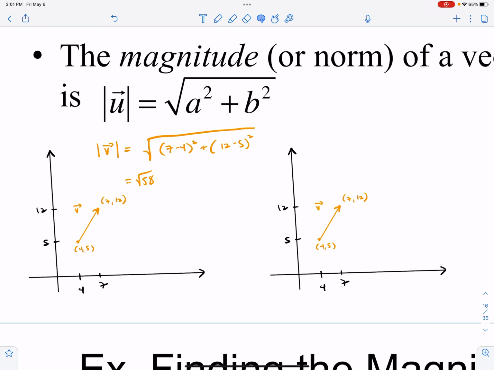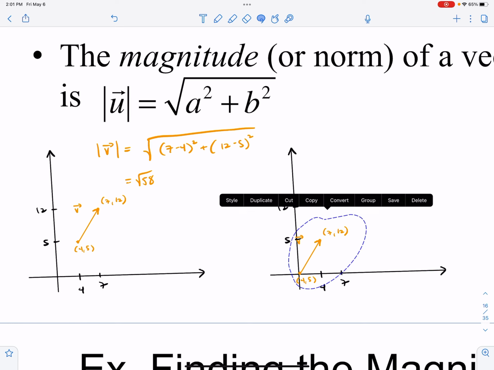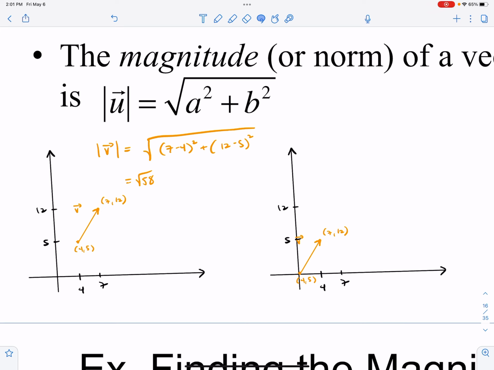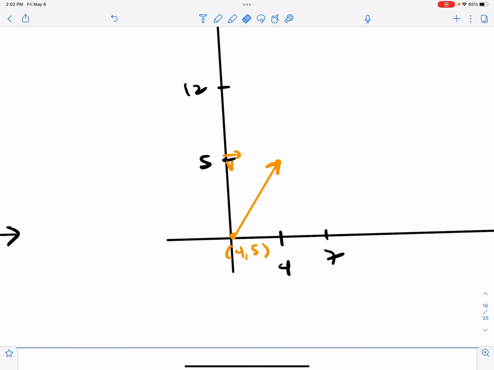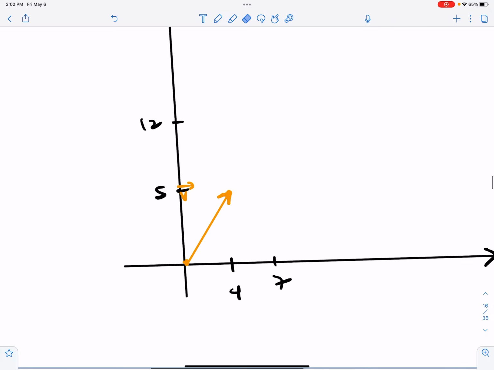So if the vector is in standard position, where that initial point is at the origin, and the terminating point is at, I guess I should get rid of these.